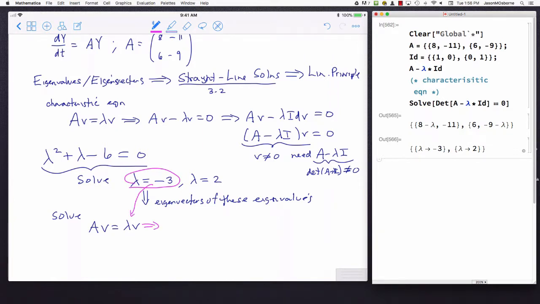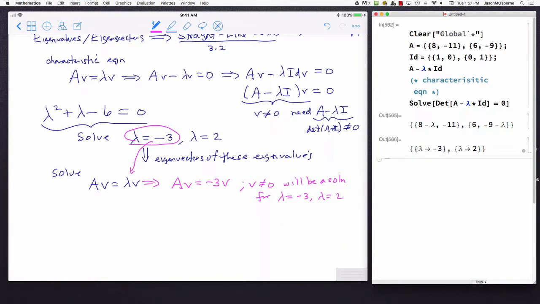So now you need to solve A times V equals negative 3V, and we're looking for V not equal to 0. And we know that there will be a solution only for the values lambda is negative 3 and lambda is 2.